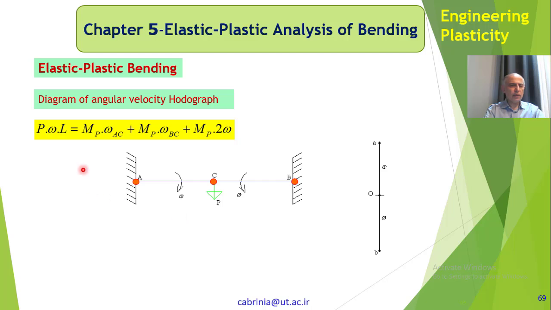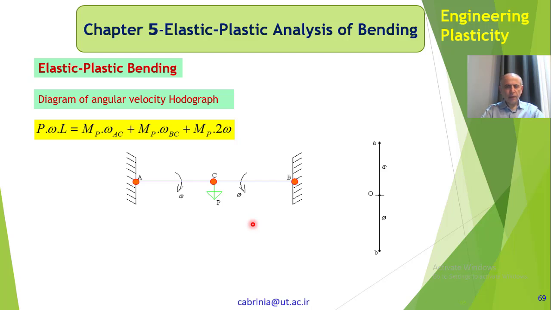That gives us the rate of work, or rate of energy, or power, P dot omega dot L. And we have one MP with omega AC, and another with omega BC, so we get two of these omegas for the point in the middle. Of course these omegas are equal, and MP is also equal because it's a fully developed plastic moment at points A, C, and B.